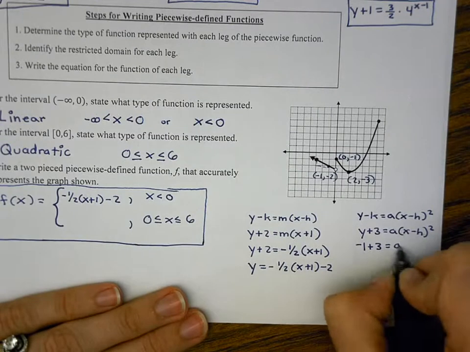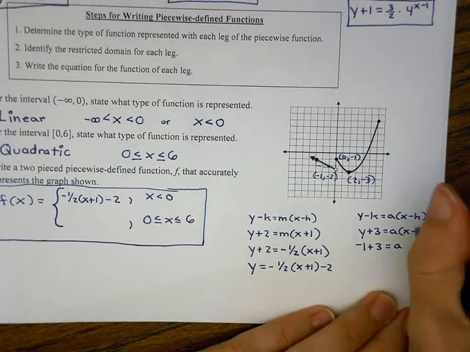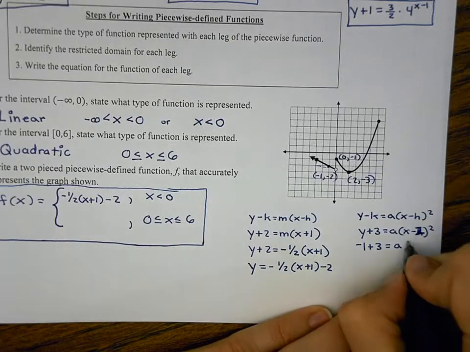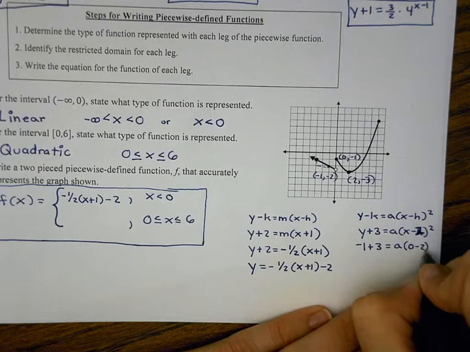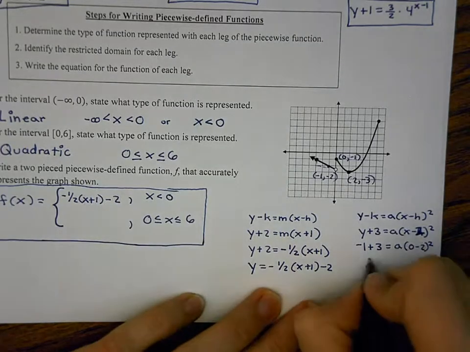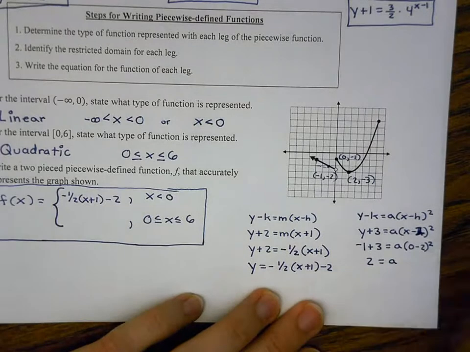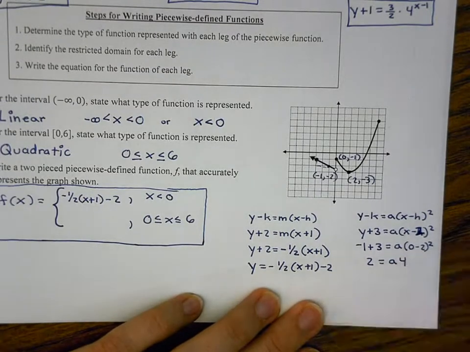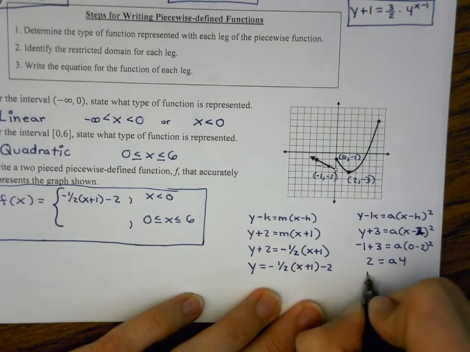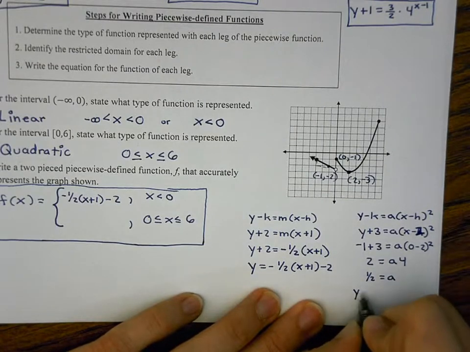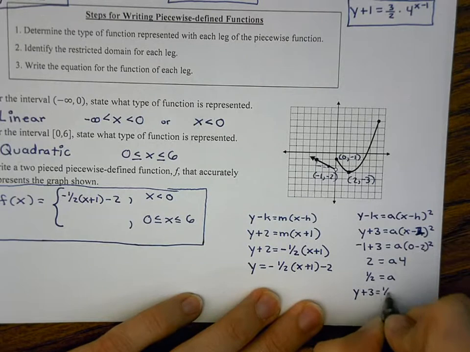Whoops, I forgot to put my h in, sorry. H is 2. Negative 1 plus 3 is 2. 0 minus 2 is negative 2. Squared is 4. And dividing that 4 over, we get 1/2. So my equation is y plus 3 equals 1/2 times x minus 2 squared.